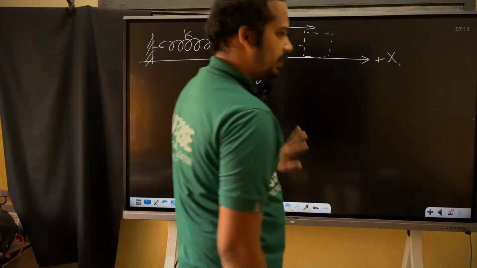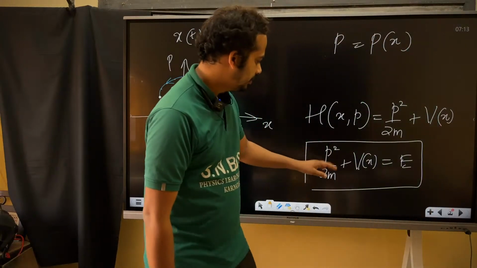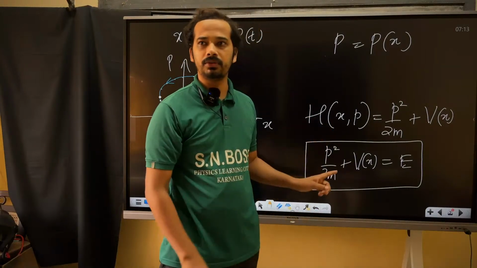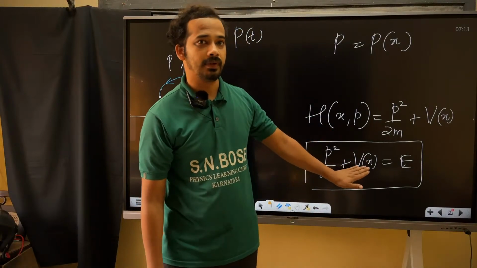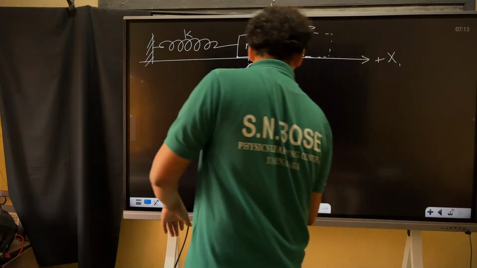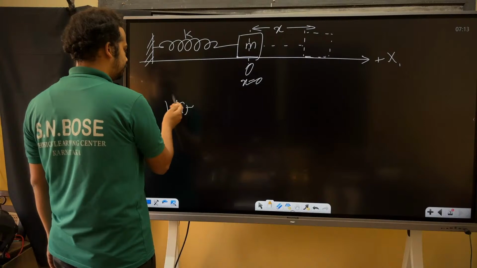This is one of the systems that we are studying here. What defines the system in this equation? Kinetic energy, non-relativistically, is always p square by 2m. This V of x defines the system. For any conservative system, V of x defines the system. For a linear harmonic oscillator, V of x is equal to half kx square.